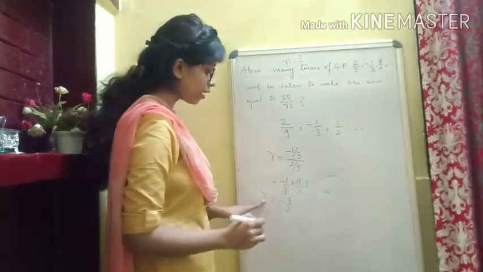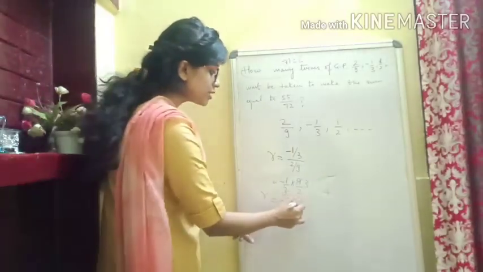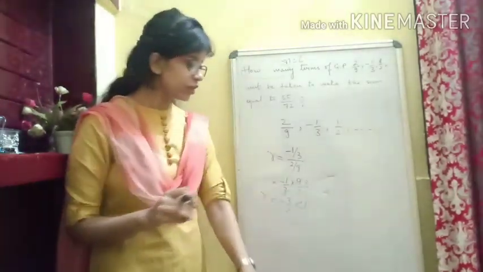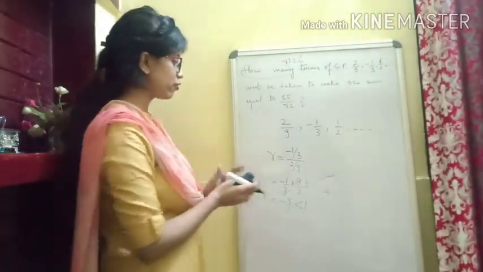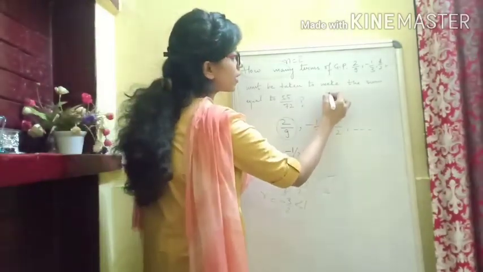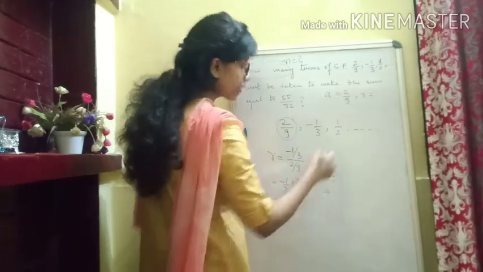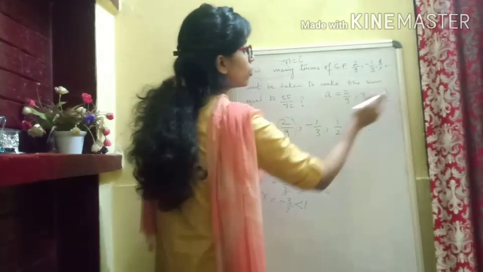That means our r, the common ratio, is coming as minus 3 upon 2, which is less than 1. So now we know that r is less than 1. To apply the formula, a is 2 upon 9 and our r is minus 3 upon 2.